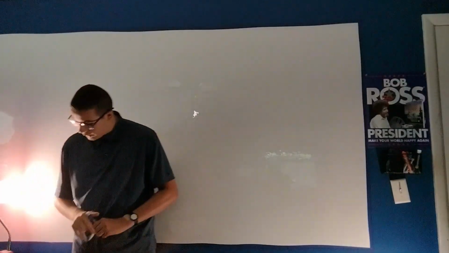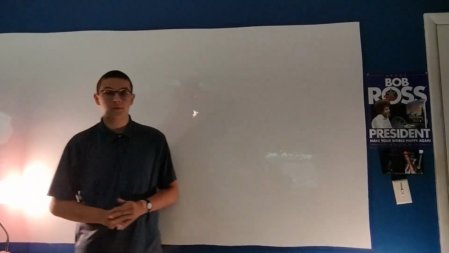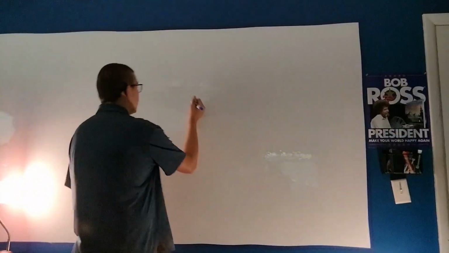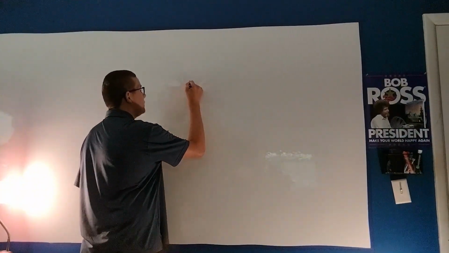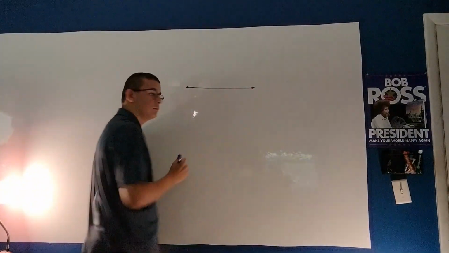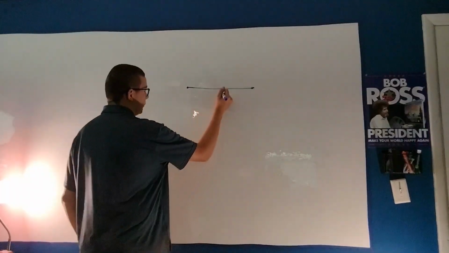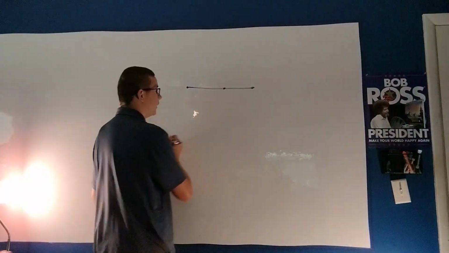Okay, from there, a bisector definition. This one is kind of important. So if we have a line segment here, like this, and we'll say this is the midpoint, right?